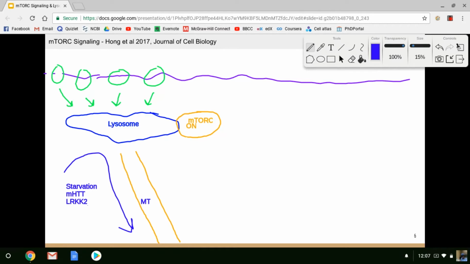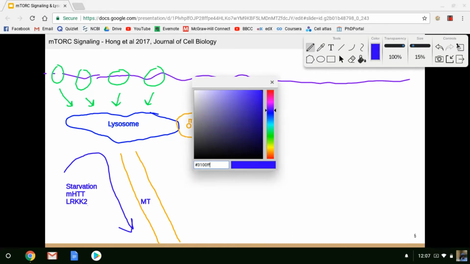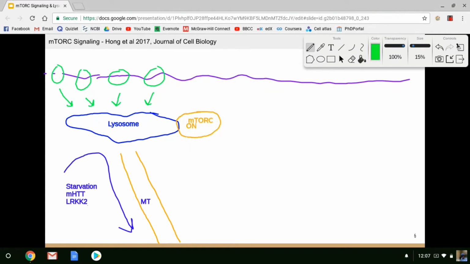But interestingly, you also have mutant Huntingtin and LRRK2, which is a protein mutated in some Parkinson's disease patients. But basically what's happening is that starvation causes the retrograde transport of lysosomes back to the perinuclear region, the cell nucleus.